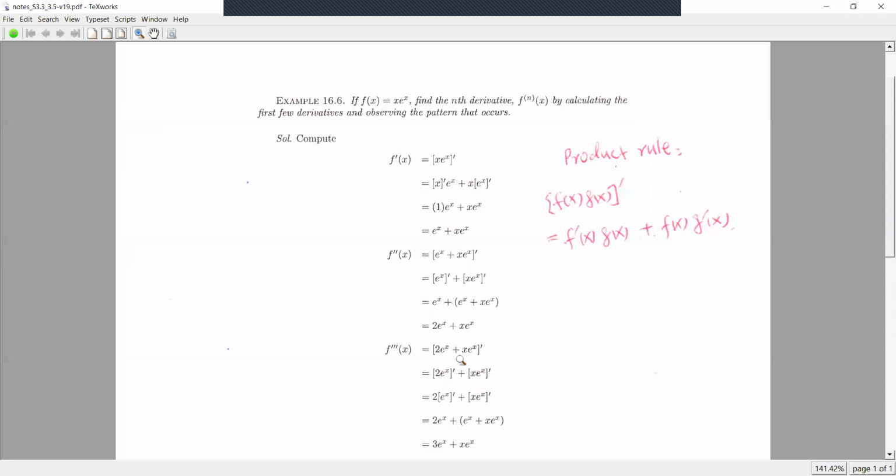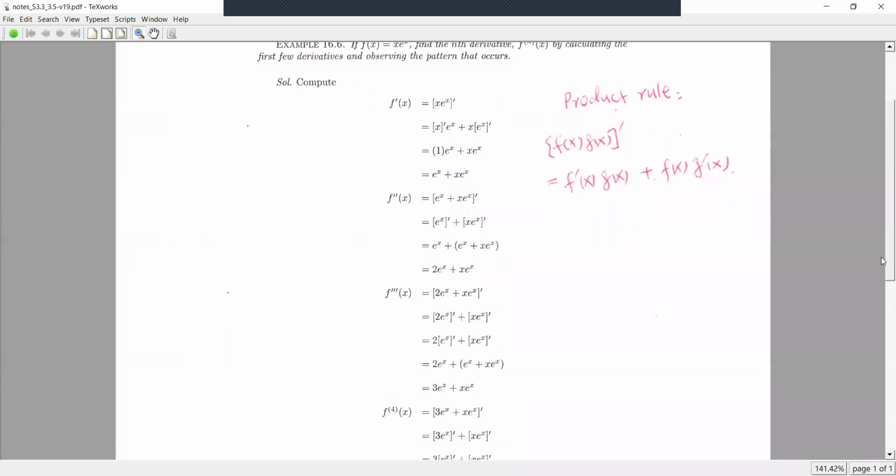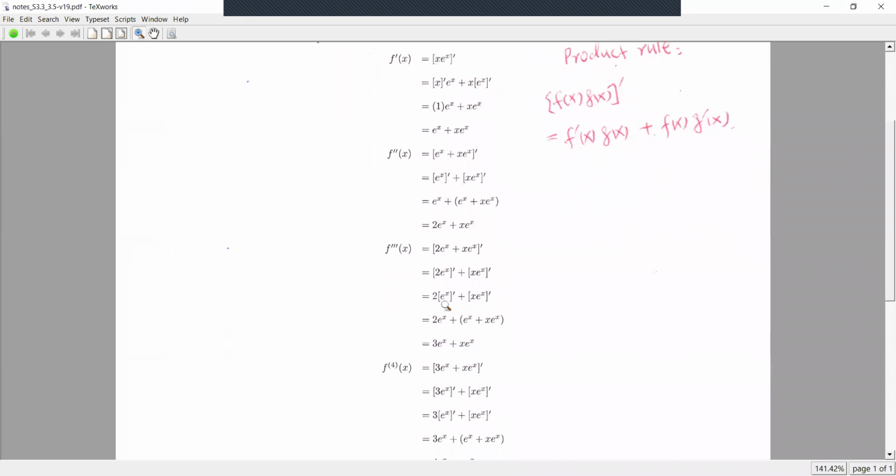Take the derivative again. By the summation rule, we have this equation. Move out the constant 2. We then have this equation. Derivative of e to the x is e to the x.